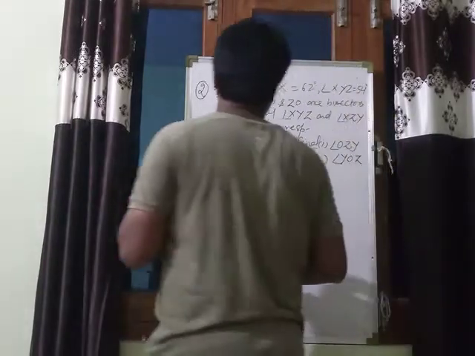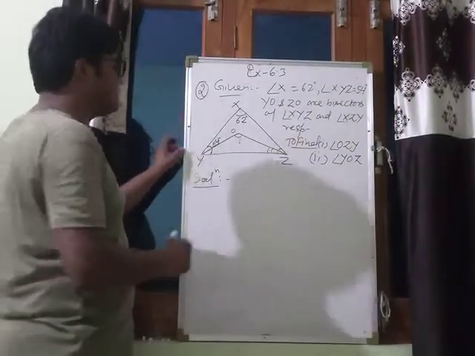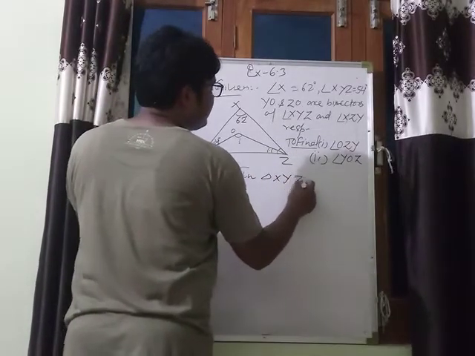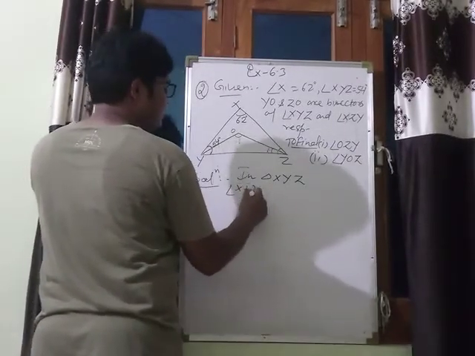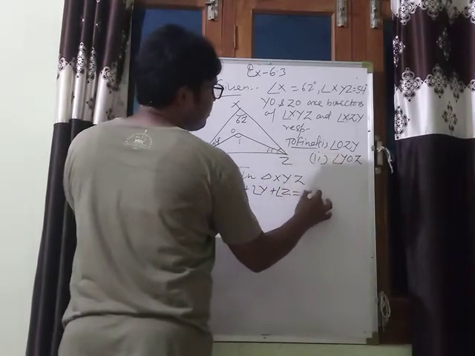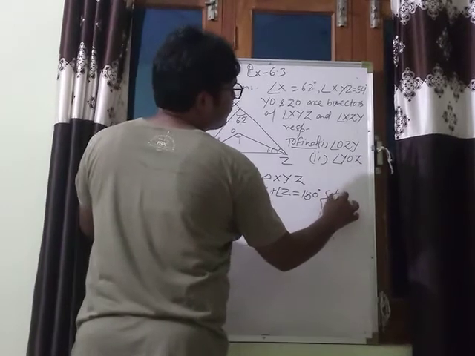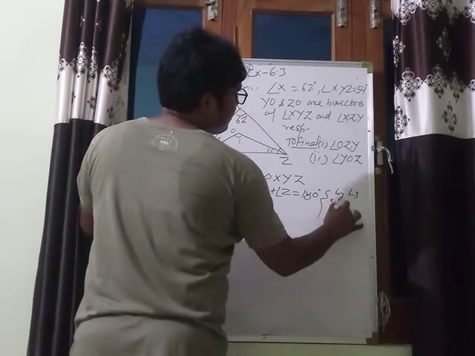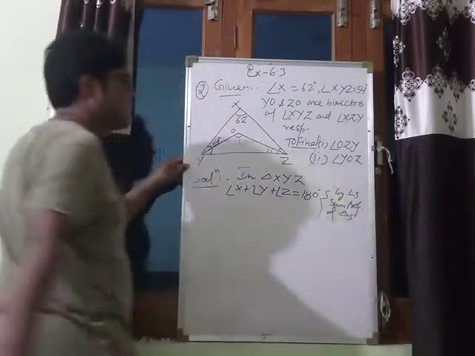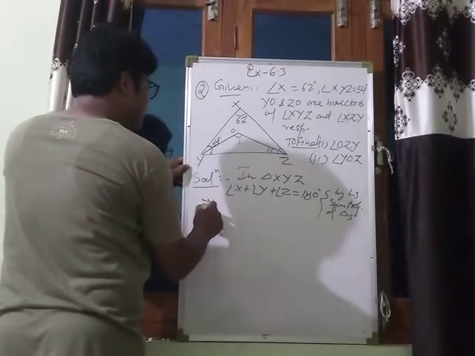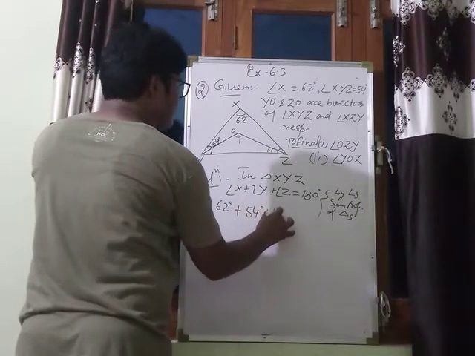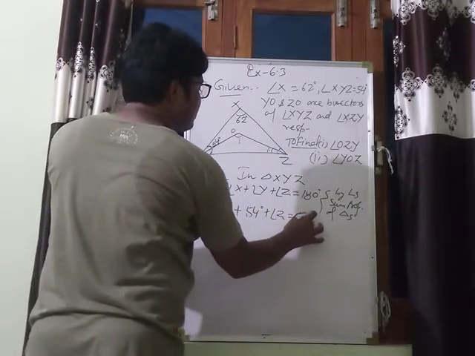Solution: first, in triangle XYZ, angle X plus angle Y plus angle Z will be equal to 180 degrees by the angle sum property of triangles. X is 62 degrees, Y is 54 degrees, plus angle Z is equal to 180.